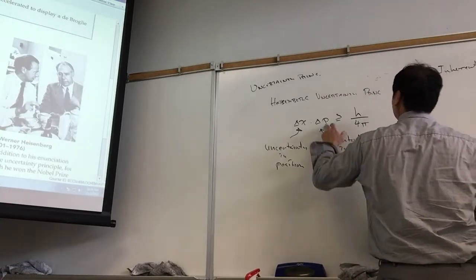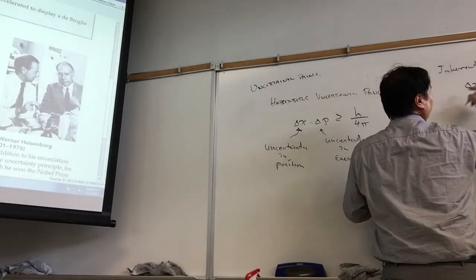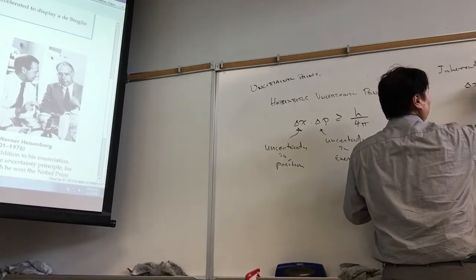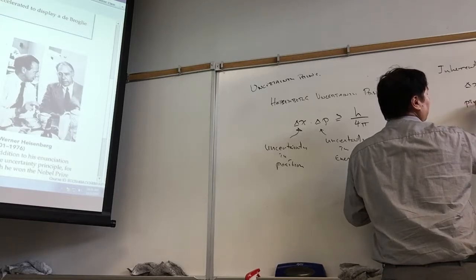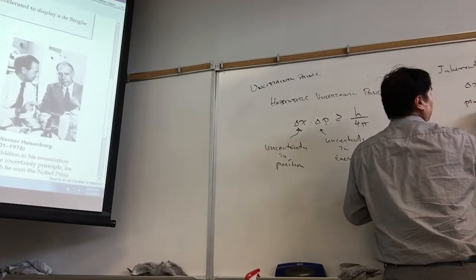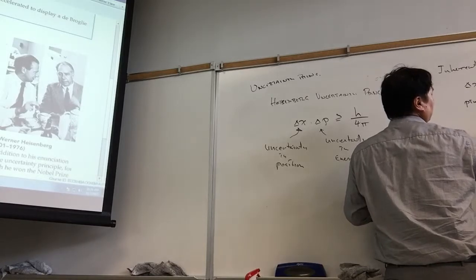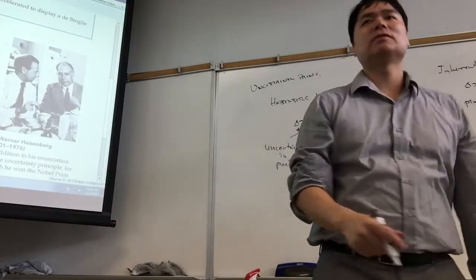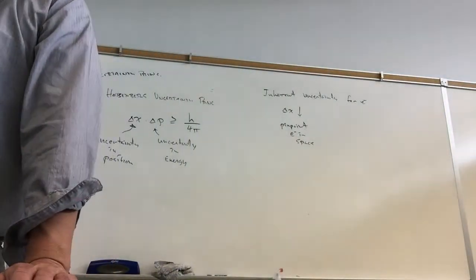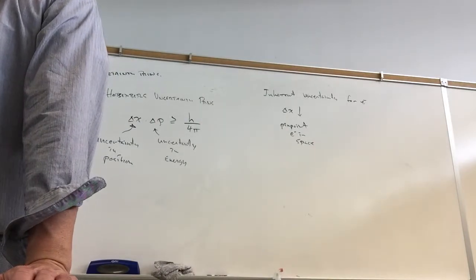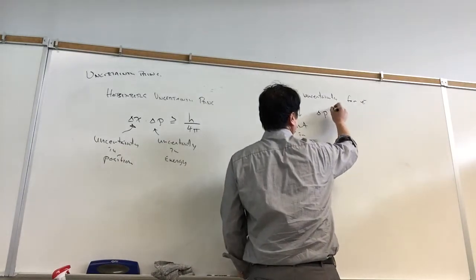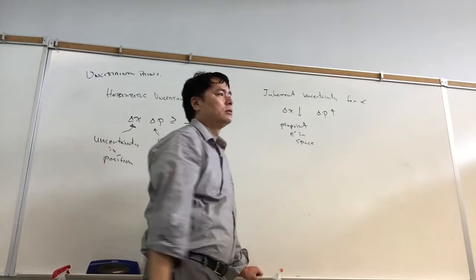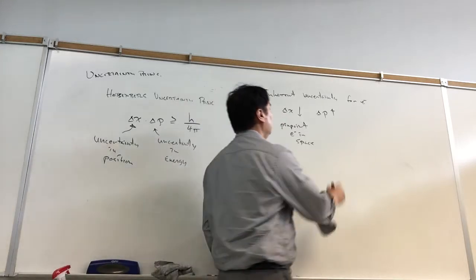So if we locate or pinpoint the electron in space, the uncertainty in the position of the electron goes way down. But if you locate the position of the electron, what's going to happen to the uncertainty in the energy? The uncertainty in the energy is going to go way up. And so the energy is uncertain.